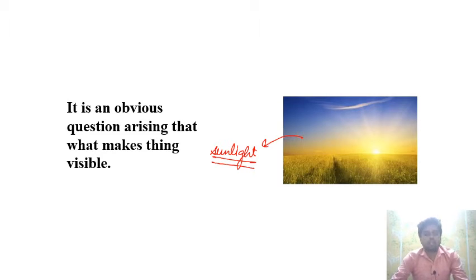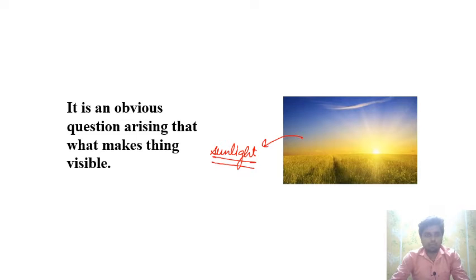So when the room is dark, there is no light in the room, and the light is not falling on any object. In this way the light will not be reflected by the objects present in our room, so we cannot see anything when there is darkness in the room.